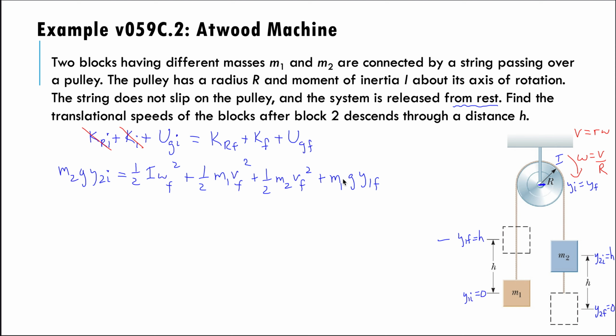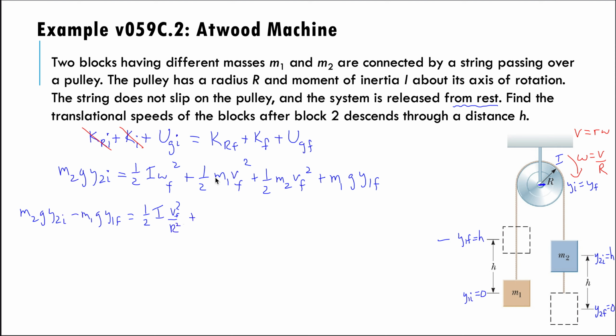Let's do a few steps at once. Let's move the potential energy over to the left side. We're going to have m2 g y2 initial minus m1 g y1 final equals 1/2 I times, putting in v over r here, vf squared over r squared.